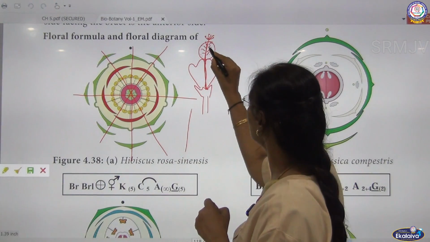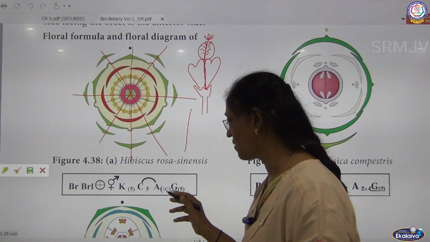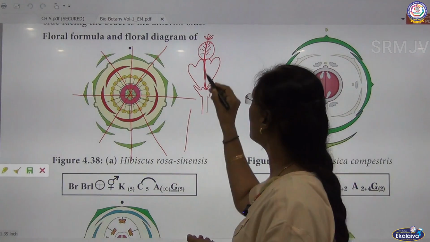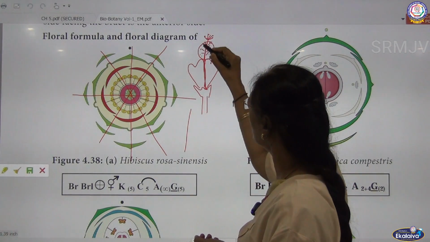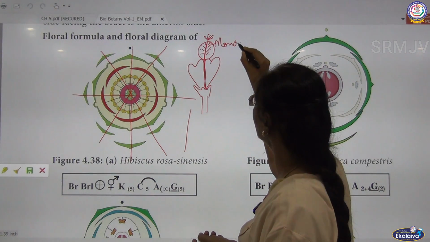There are more in number, so we are representing with infinite number, and all the anthers are on one tube, so you call this monadelphous.